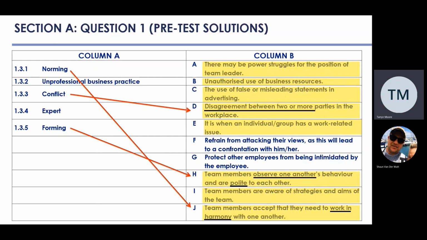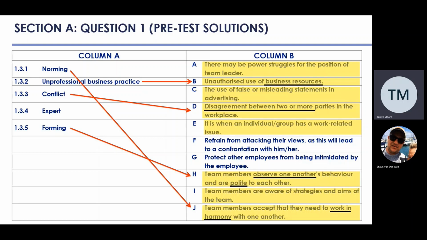Therefore, unauthorized use of business resources, our key concept being business resources, can only link to unprofessional business practice. It's unauthorized, which makes it unprofessional. You did not obtain permission. Can we see that we've only got F and G unmarked?